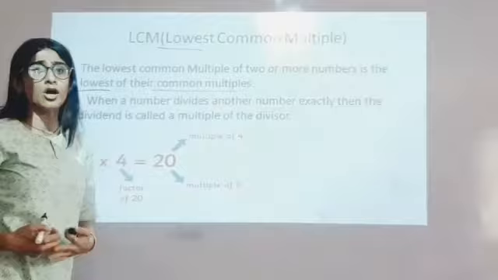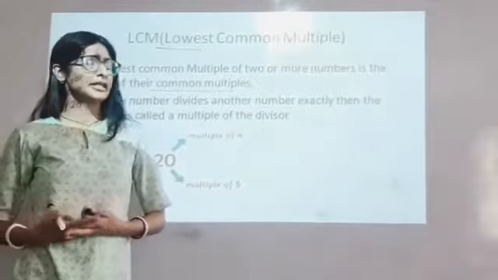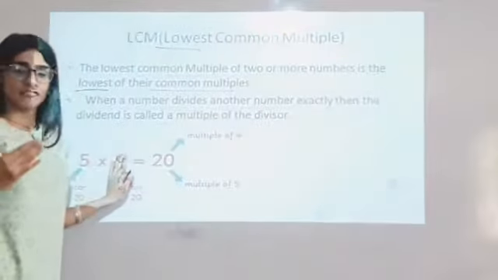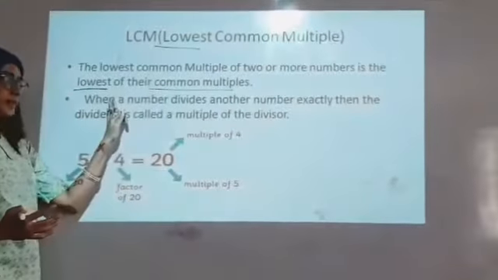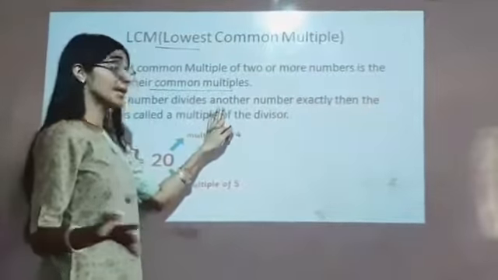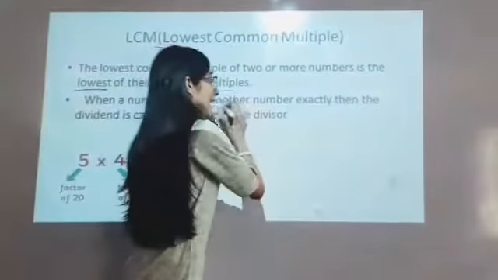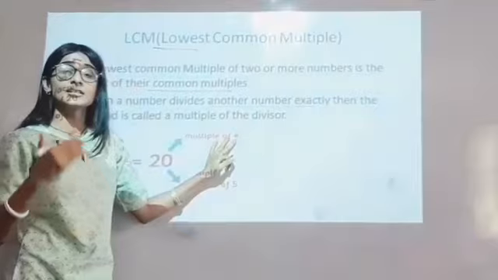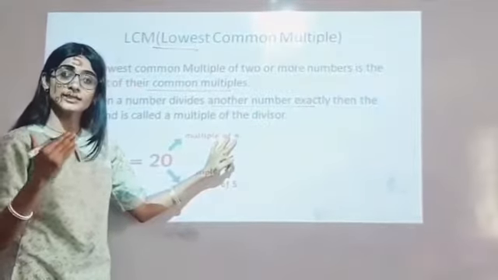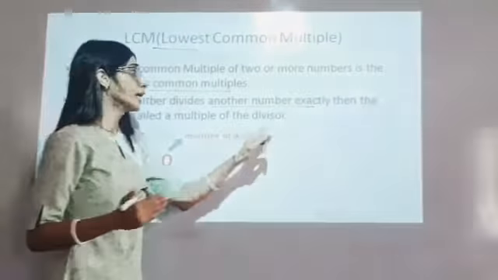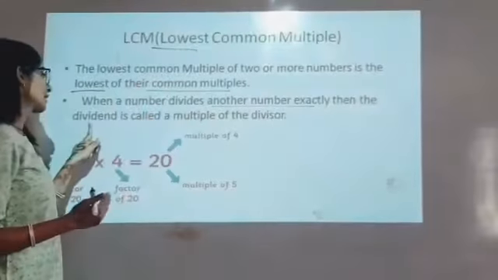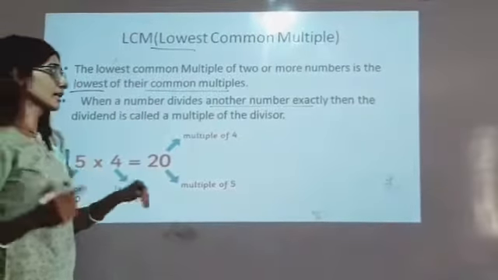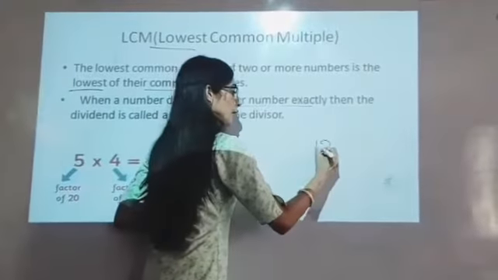But do you know what multiples are? It is very easy and simple. Let's learn the definition first. When a number divides another number exactly, meaning you get 0 as remainder, then the dividend is the multiple of the divisor, like 12.